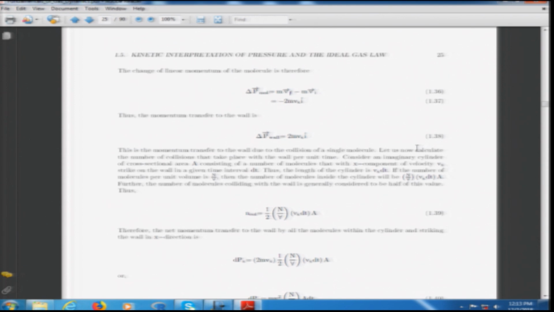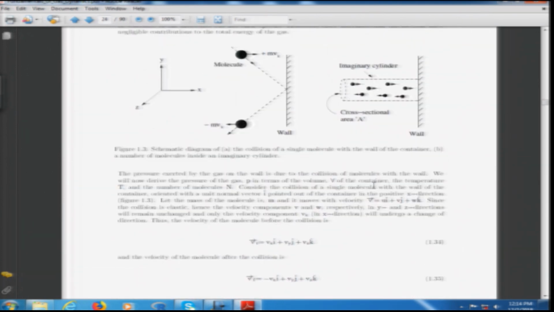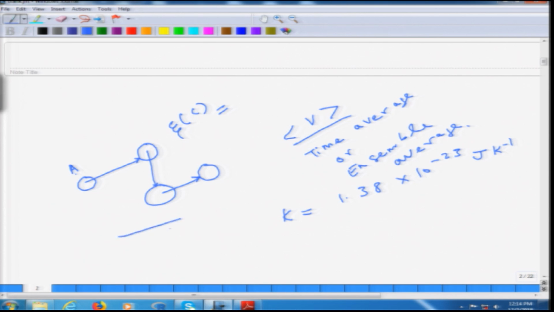It is seen that if the total number of molecules is N, then the molecules per unit volume for the entire gas can be written as N by V, where V is the volume of the gas. Now, the volume of this hypothetical cylinder: it has area A, and it is impacting here on the wall.